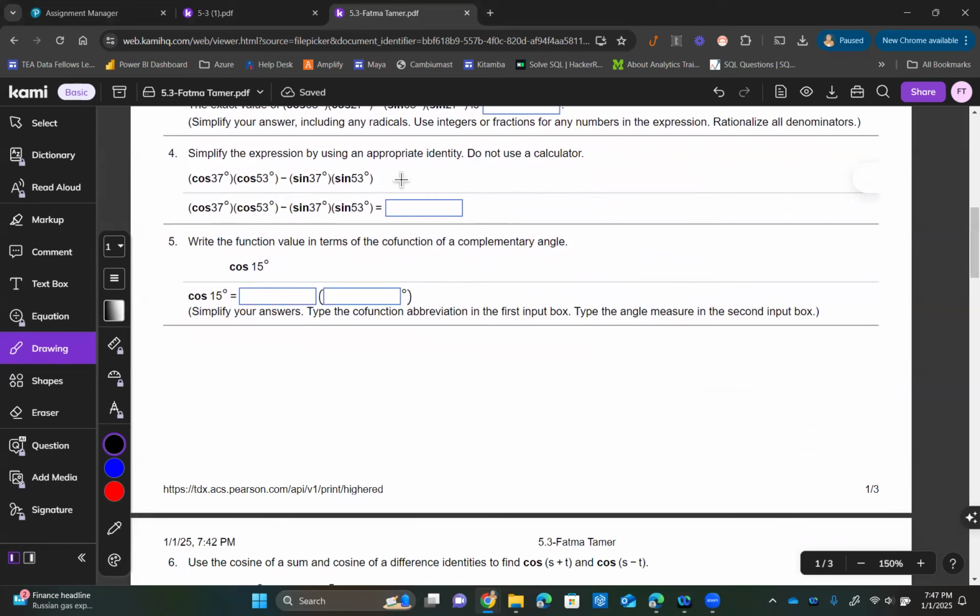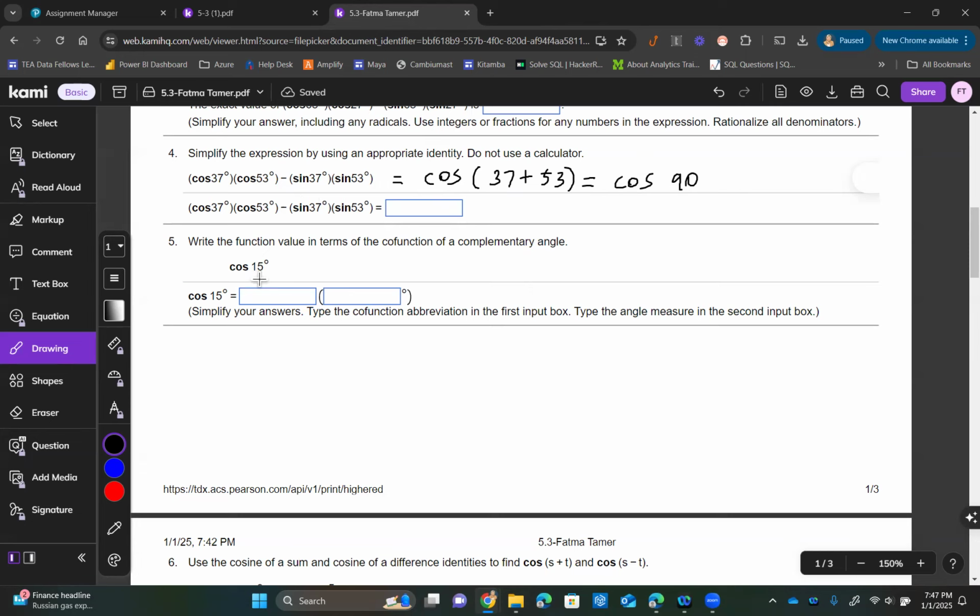We recognize that this whole thing, because it's a minus again and starts with cosine A times cosine B, is the formula for cosine of A plus B, where A is 37 and B is 53. When we add 37 and 53, that's 90 degrees again. We know the answer for cosine of 90, so we can type it into the box and be done with number 4.